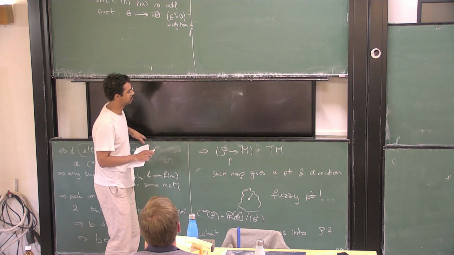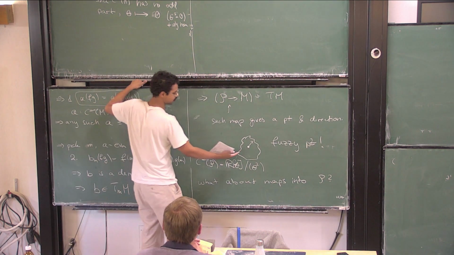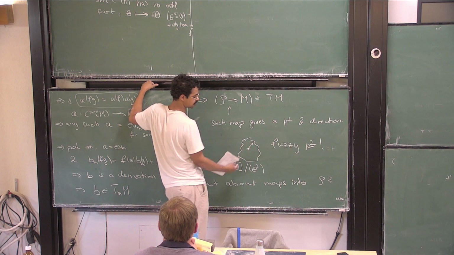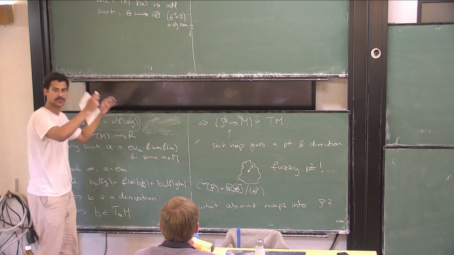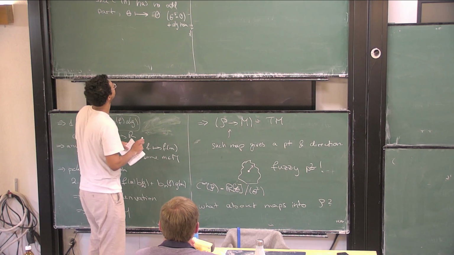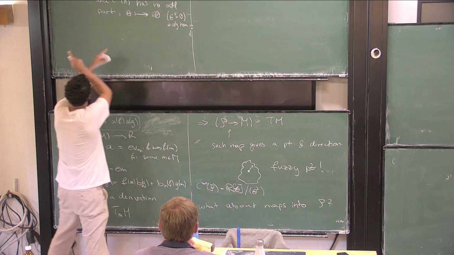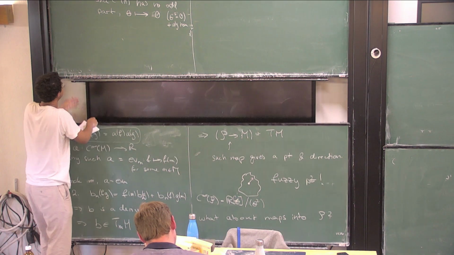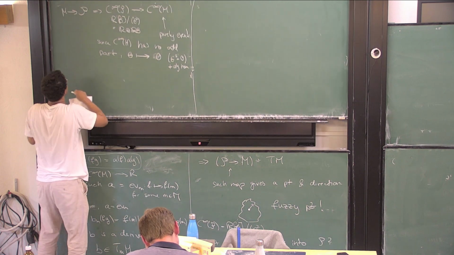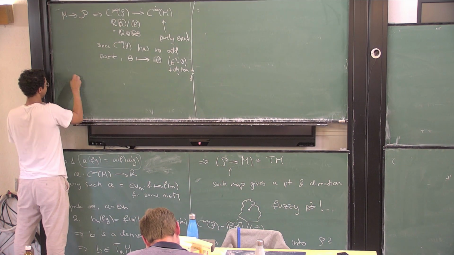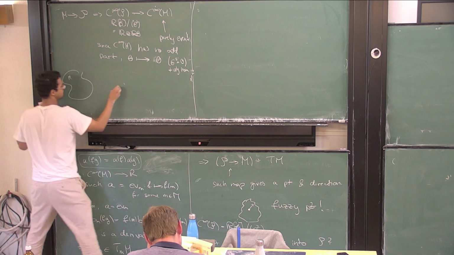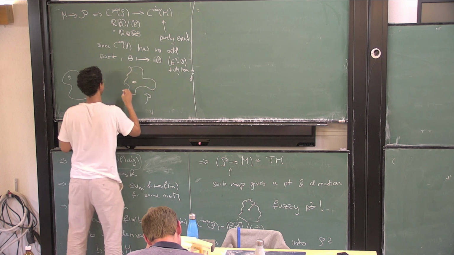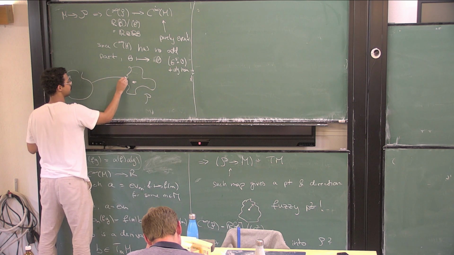If you do that, the idea is that you have this physical point in P and you have this direction, but these directions are all collapsed. Essentially we have our manifold M, and here is this abstract P, the fuzzy point. How can we map it?